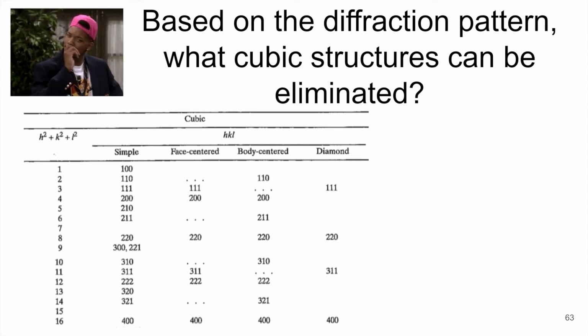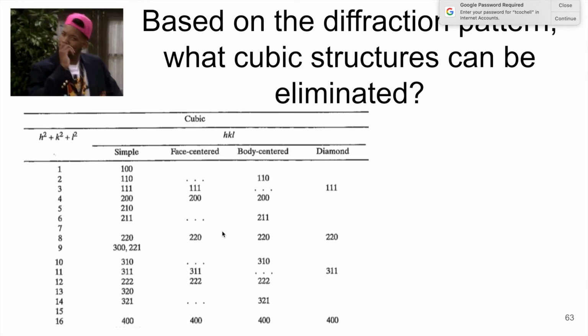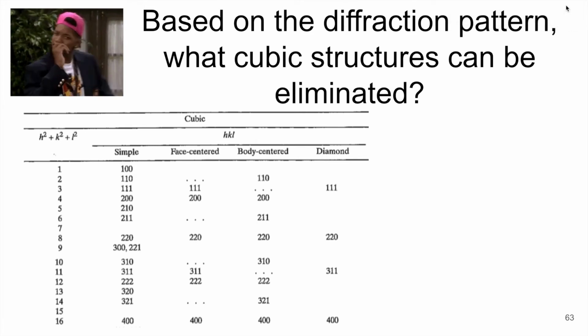I'm not asking for a particular answer yet, but just which ones we can eliminate based on information about these various structures. So answer that, pause the video, and then come back and we'll see if we get the same answer.